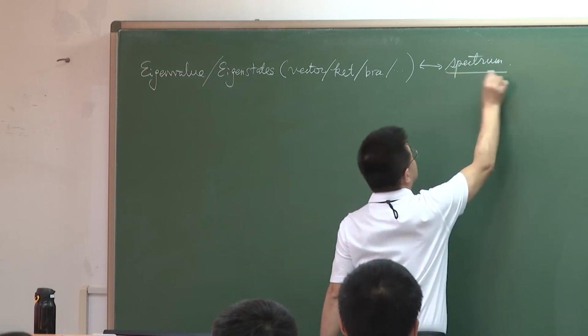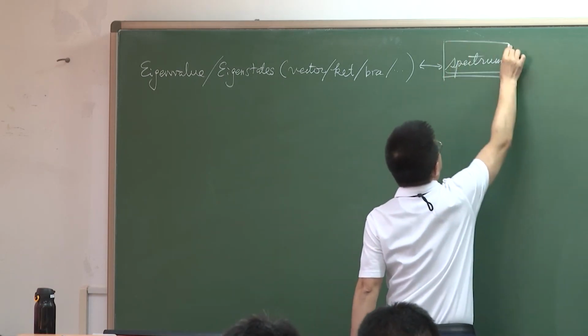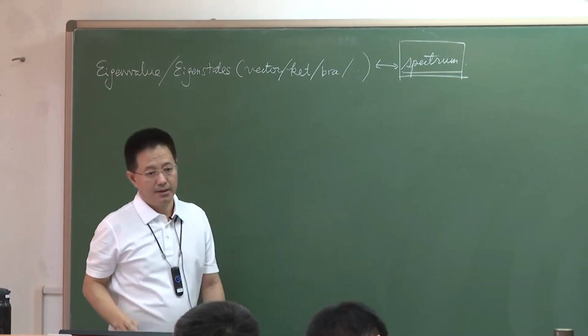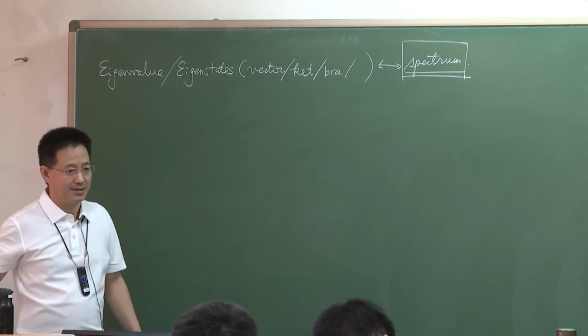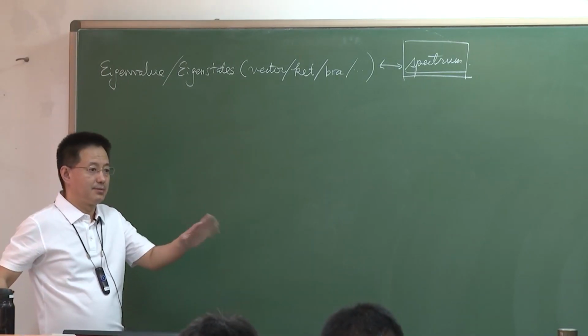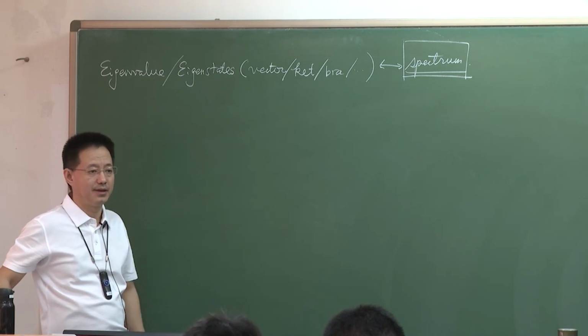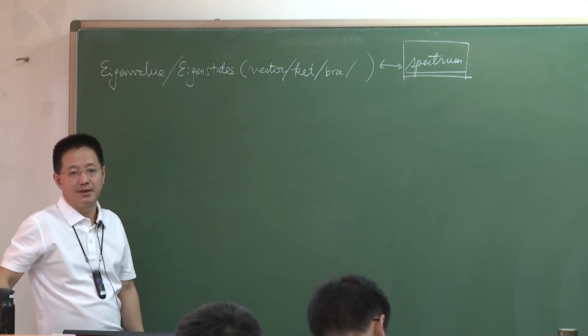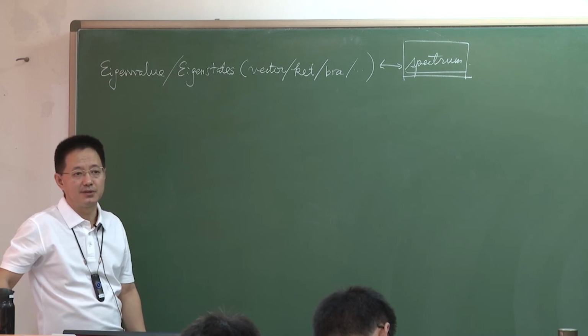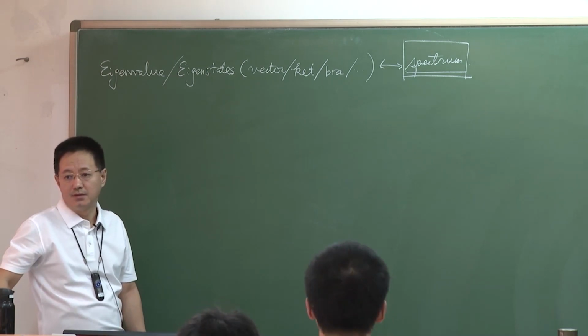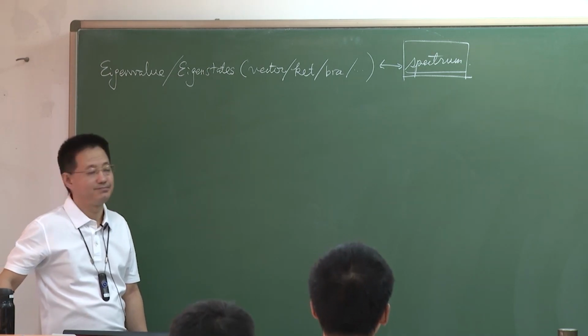The spectrum is a very important item in quantum mechanics, and even before quantum mechanics, because you have the spectrum for the light, for the atom or something, right?